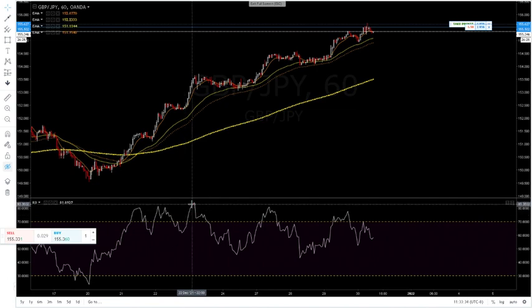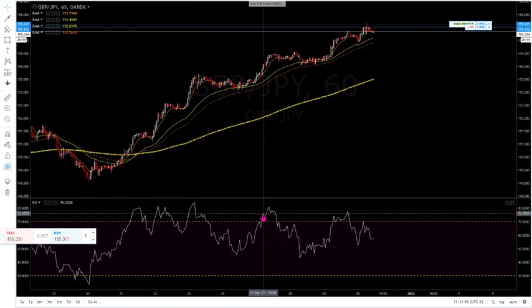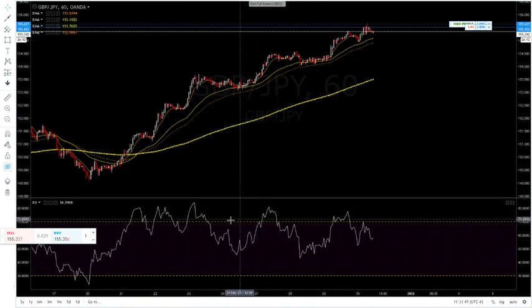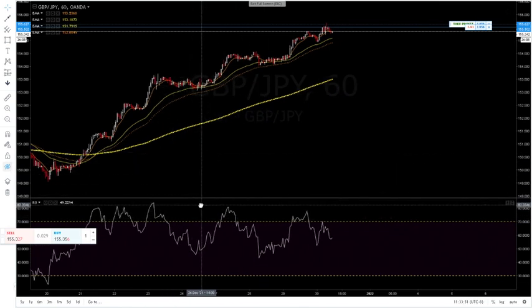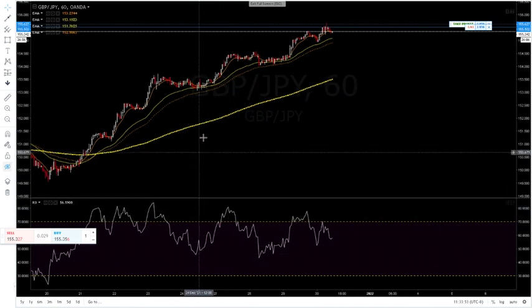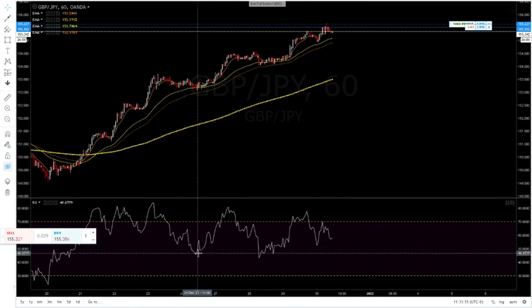It's not adding up because let me make sure I'm looking at this right. Regular bearish divergence. Oh yeah, this is right because it pushed down. All right, I see something here. I think this is what I was looking for.